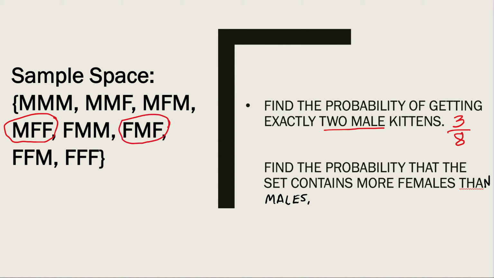That one has more females than males. That one has more females than males, and that one has more females than males. So we have 4 that are favorable. Again, possible is the number in the sample space, so you count everything, and we would see that we have 8. And 4 out of 8 is going to reduce to 1/2. So we have a 1/2 chance or 1/2 probability that the set contains more females than males.